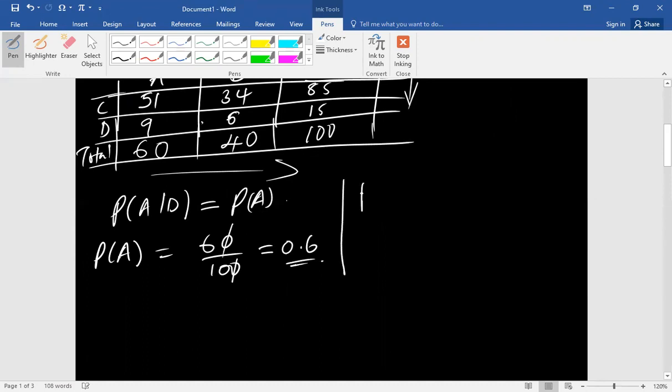Now, the probability of A given D. Let me write this down here.